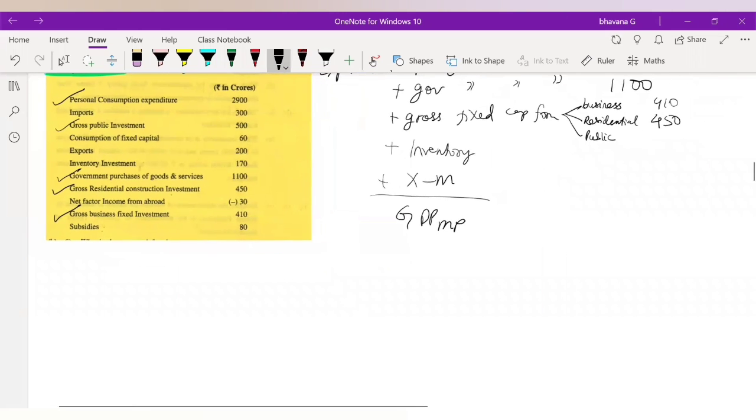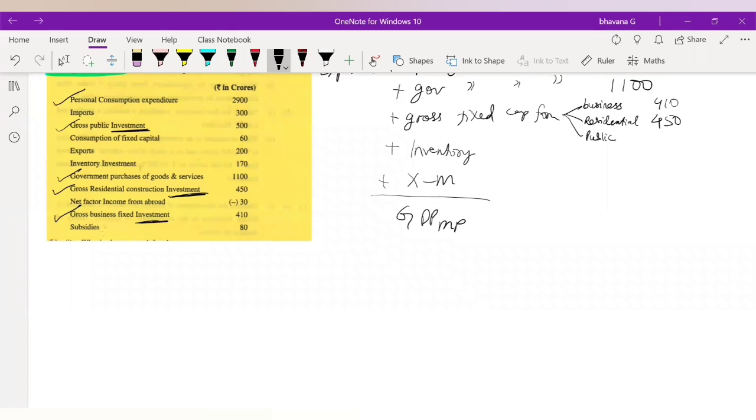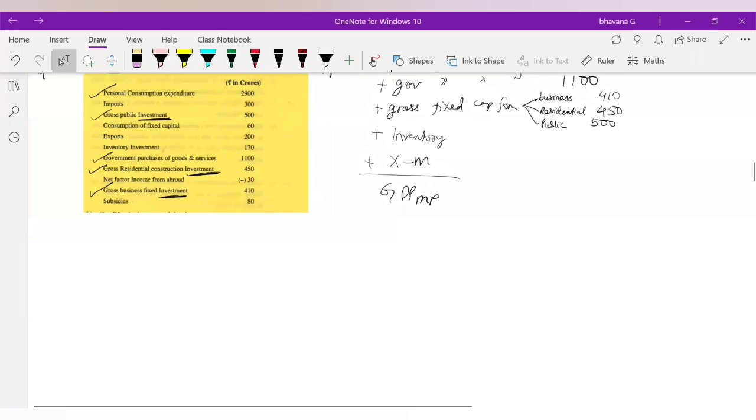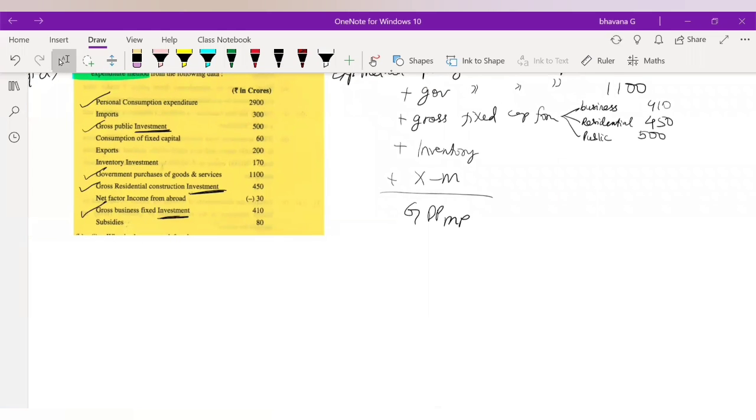Okay, so all the investments you have to take here. Okay, it is nothing but this investment, and this investment. Okay, so all the investments if you take, here 500. Okay, so this will be your gross domestic fixed capital formation. Then you have your inventory investment also, which you have to take. Inventory investment is 170. Okay, and then finally you have your exports minus imports.